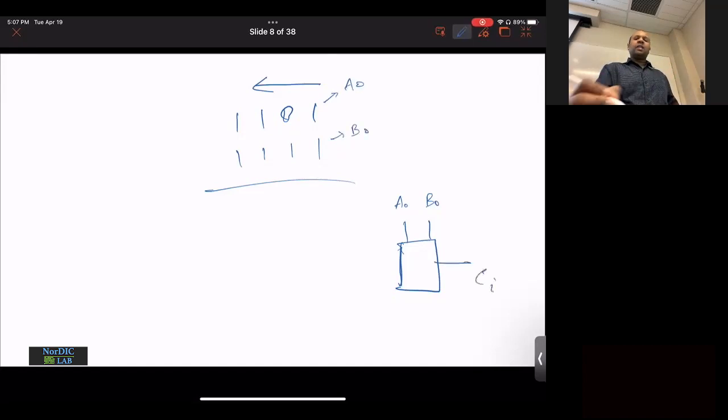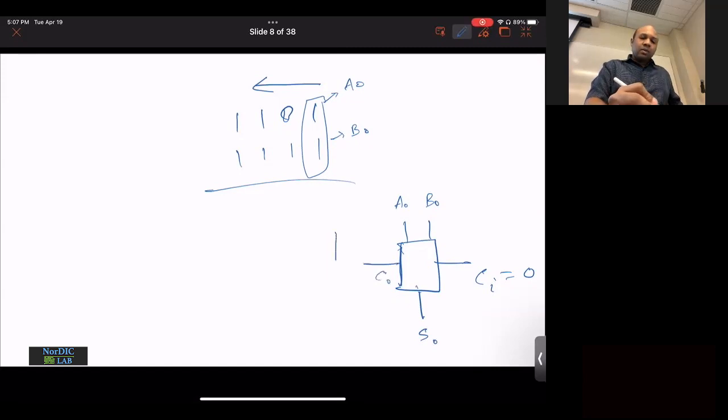What's going to be my carry in? Carry in 0 for the first stage. Yeah, there is no carry. So carry is 0 for the first stage. But you still have a pin. So you get some 0. And then you'll get a carry out from this.